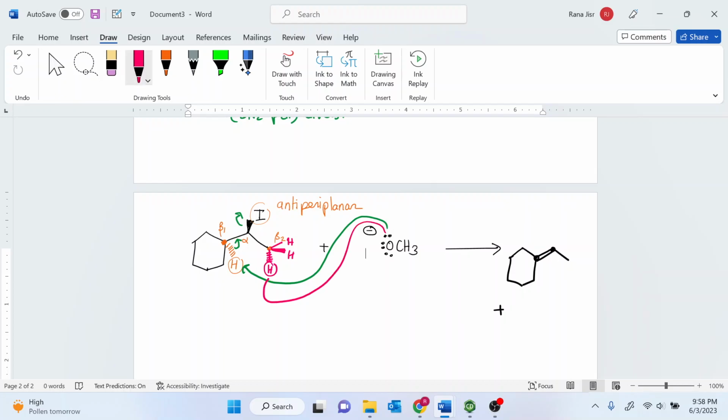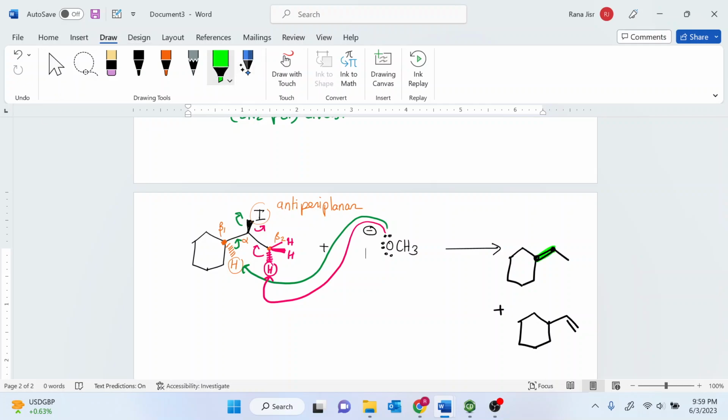Doesn't matter what lone pairs you use. So that base is going to come, take the beta hydrogen, form a double bond, and iodine is going to leave. So the different beta hydrogens are going to produce different alkenes. So now my double bond is going to be on this side, and you're going to end up getting your second alkene.